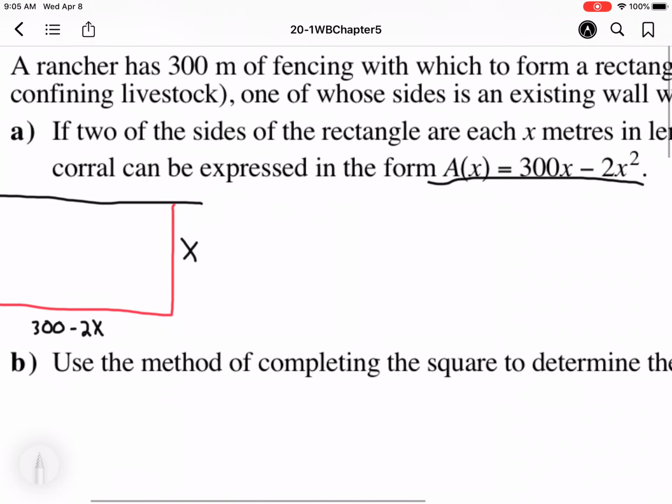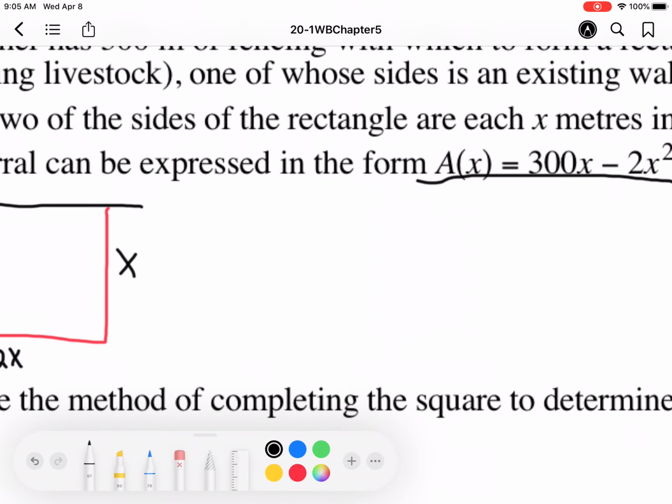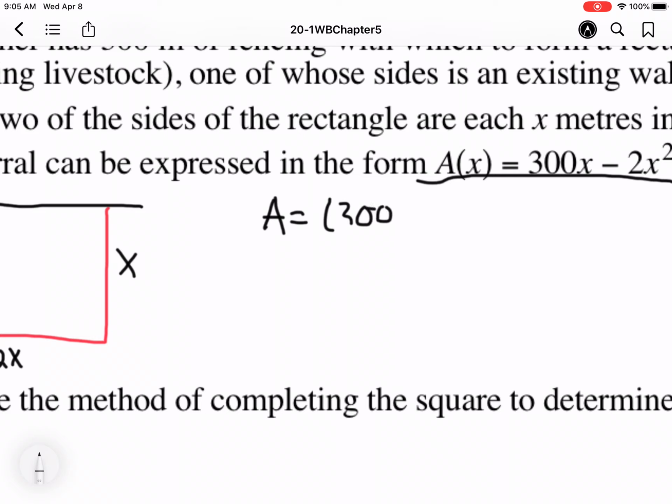Well, we know that area is length times width. So the length is 300 minus 2x times the width, which is x.